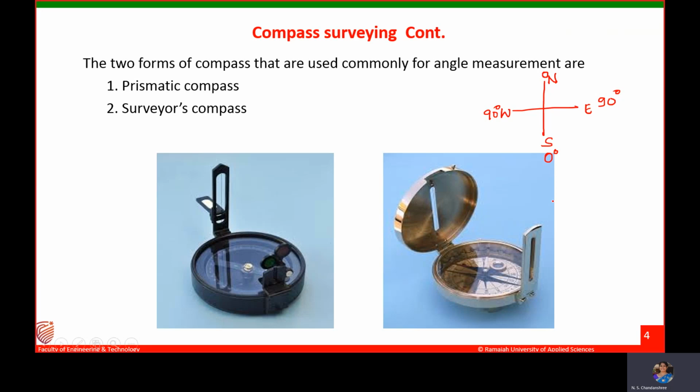The readings are always measured from the primary meridian, which is the north-south meridian. So if this is the angle marked, it can be written as south theta degrees east. So this is how it is marked.